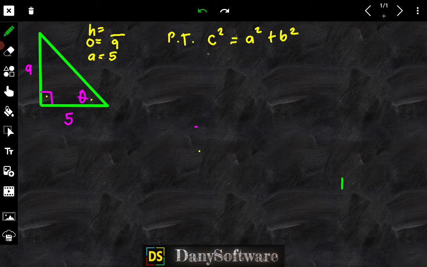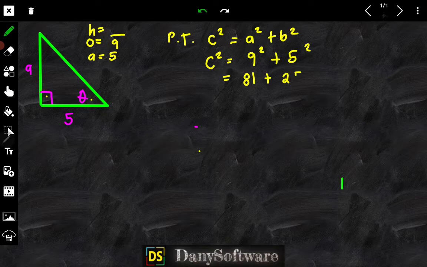So, since ang hinahanap natin ay hypotenuse, c squared lang yan. And then, yung a tsaka b, pwede siya mag-interchange. So, gawin natin a si 9. So, 9 squared plus b squared, which is 5 squared. So, c squared is equals to 9 squared, is 9 times 9 equals to 81, plus 5 times 5 is 25.